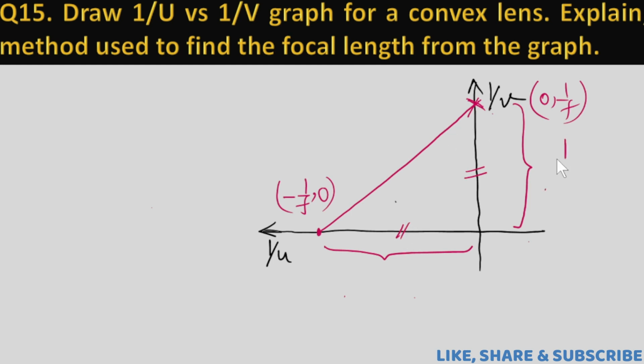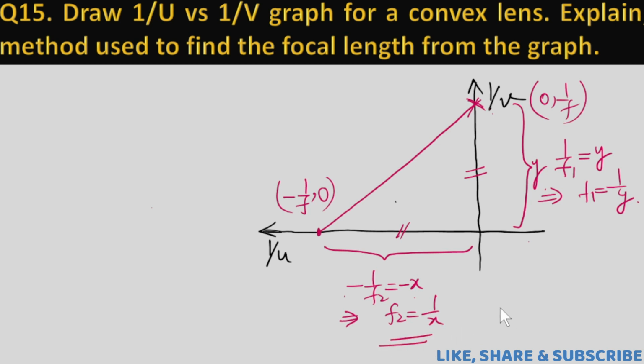Then 1 by f1 equals y, which implies that f1 is equals to 1 by y. Similarly, minus 1 by f2 is equals to minus x, which implies that f2 is equals to 1 by x. Now what you're supposed to do is find the average of f. f is equals to f1 plus f2 by 2, and this should give you the focal length of the lens.